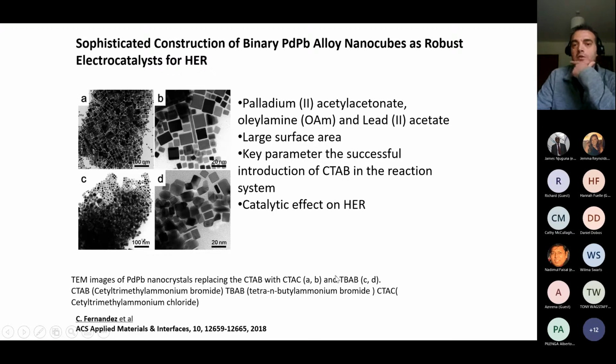We used palladium acetylacetonate, oleylamine, and lead acetate, and created, as I put in those pictures, nanocubes with a large surface area. The key parameter here was the introduction of CTAB, cetyltrimethylammonium bromide. This was very important in the reaction, which helps to create those particular nanocubes.